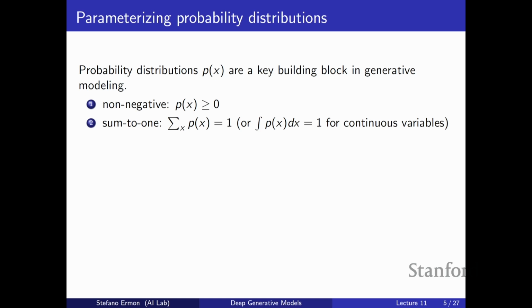The more difficult one is that they have to be normalized. Because we're working with probabilities, if you look at all the possible things that can happen and you sum up their probabilities, you get 1. Or if you're working with continuous random variables, if you integrate the probability density function over the whole space, you should get 1.